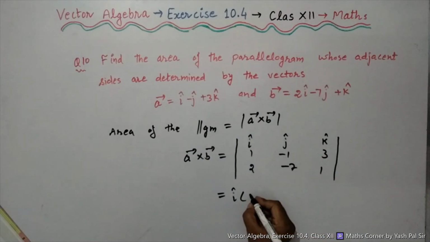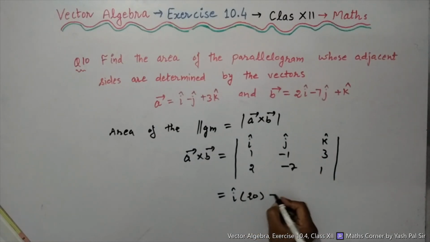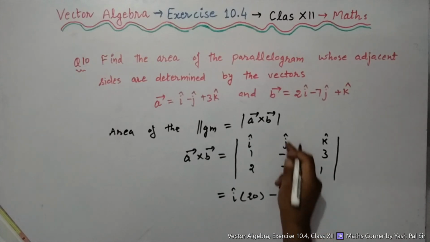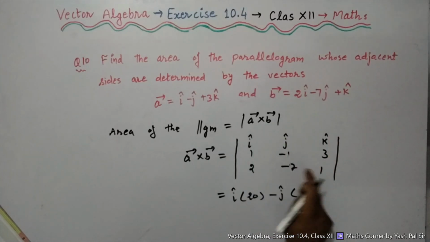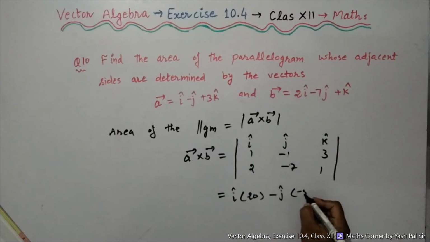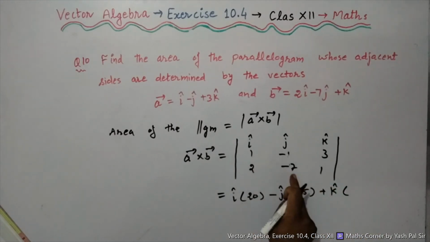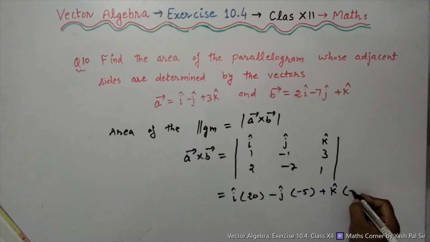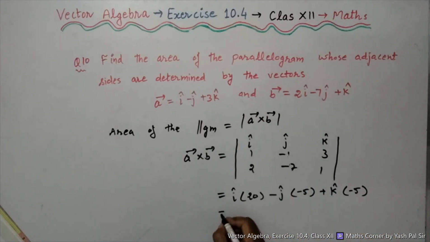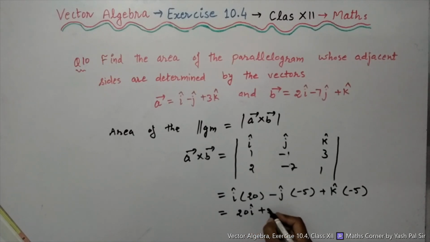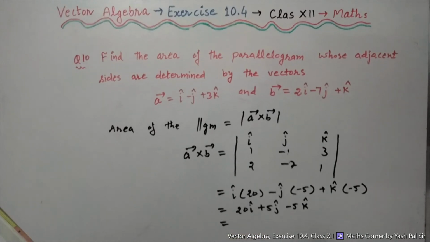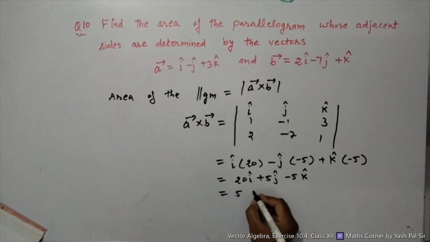This is equal to i into (minus 1 plus 21), that is 20, minus j into (1 minus 6), that is minus 5, plus k into (minus 7 plus 2), minus 5. So this is equal to 20i plus 5j minus 5k.